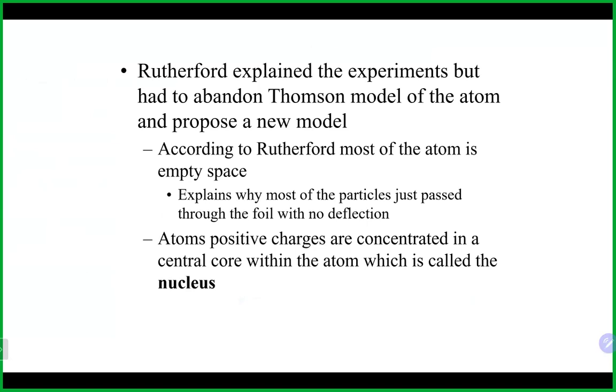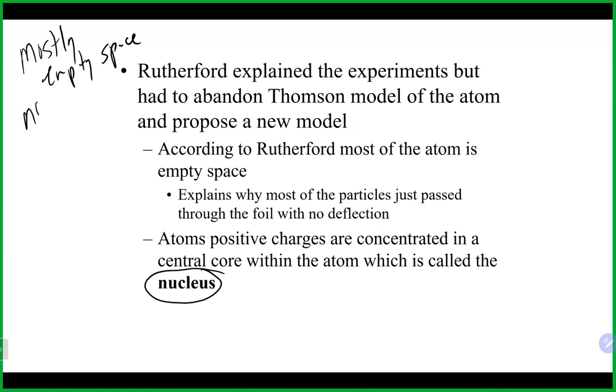He said that the atom is mostly empty space. And that does make sense based on the idea that most of those alpha particles sail through, right? So nothing was in the way. It does contain a very dense positive core, which is the nucleus.